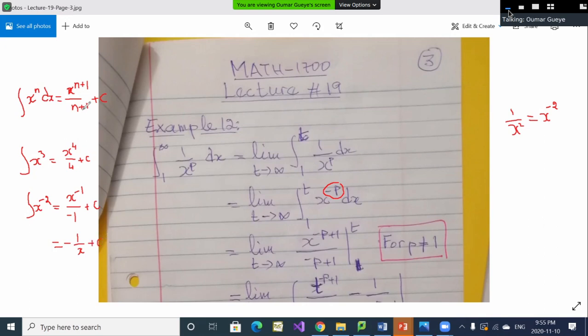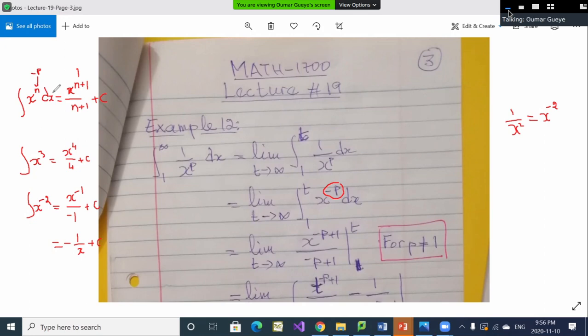And this becomes -1 over x. We just apply this rule. In my example, the p is my n. So you apply the same formula and you replace your n here by -p. That's exactly what I did. We've seen this formula a couple of weeks ago.